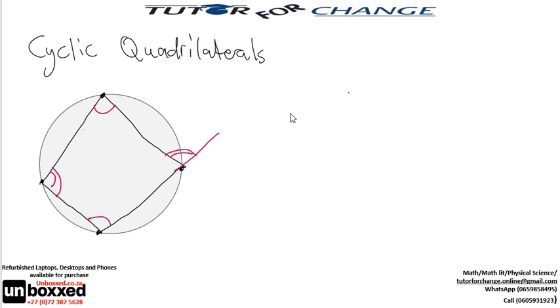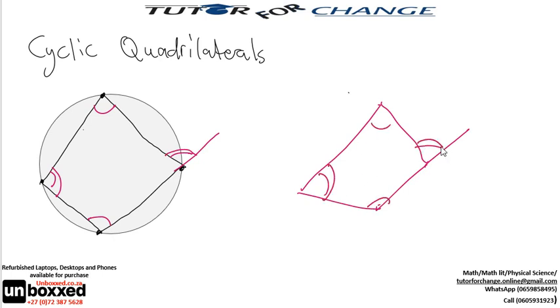The reason why we need to prove the properties of a cyclic quad is that even if we are not given a circle, as long as we can prove one of the properties of a cyclic quad, then we prove that the shape is a cyclic quad. I hope you understand exactly what I'm trying to tell you.